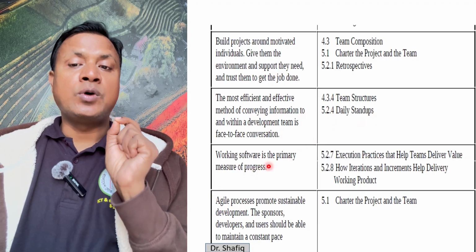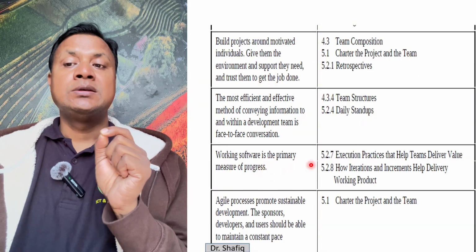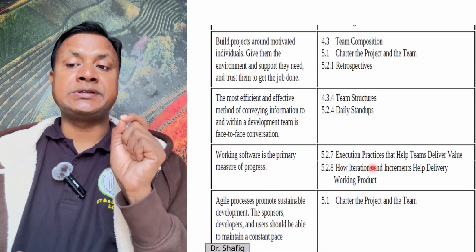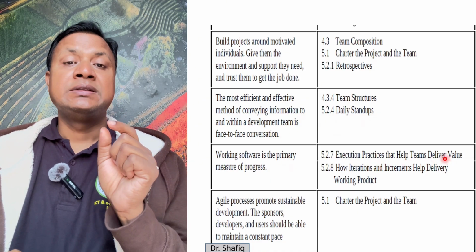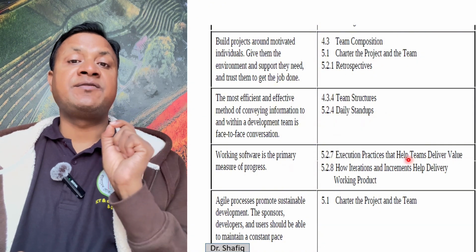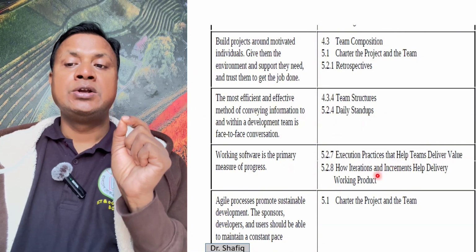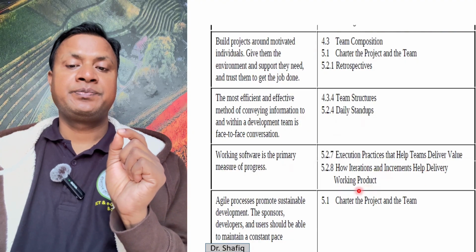Working software is the primary measure of progress. So they try to use execution practices that help teams deliver value. They make a prototype or small deliverables, then get the feedback and then work on it. So how iterations and increments help deliver a working product.